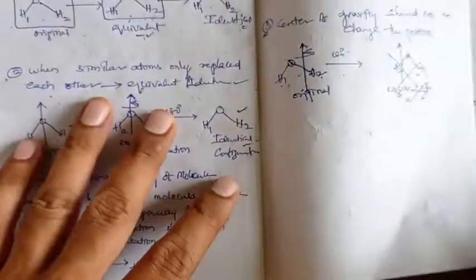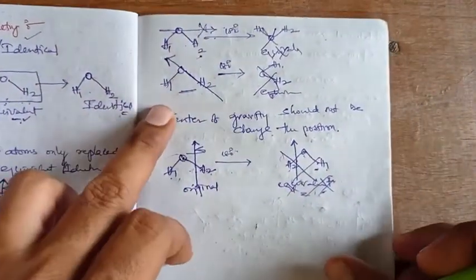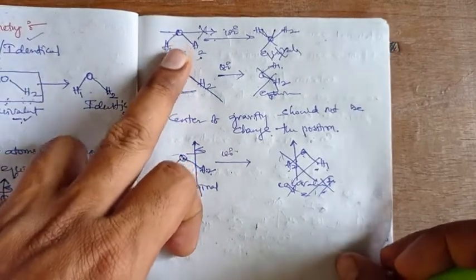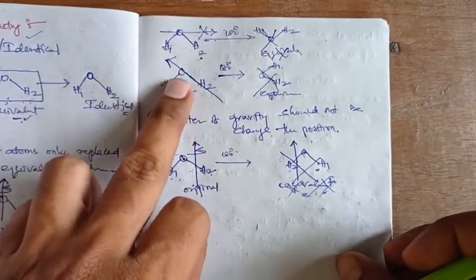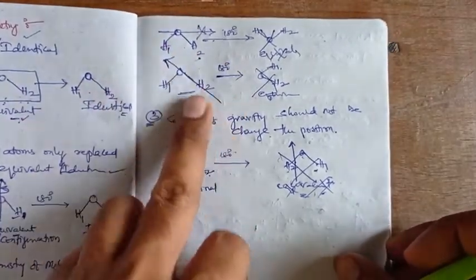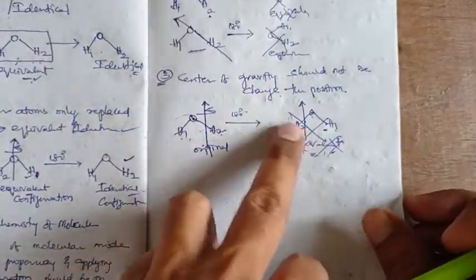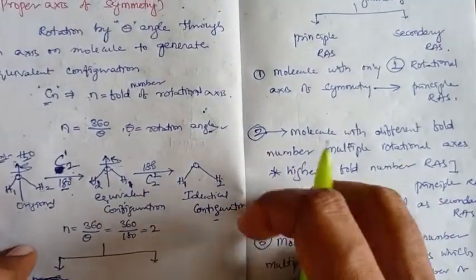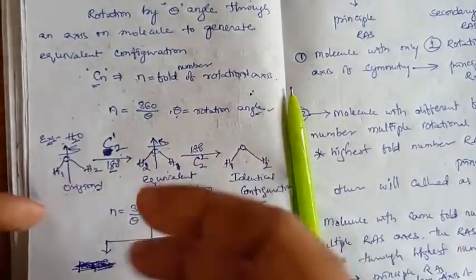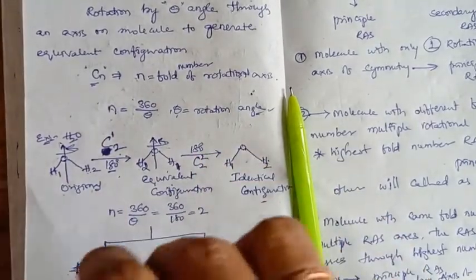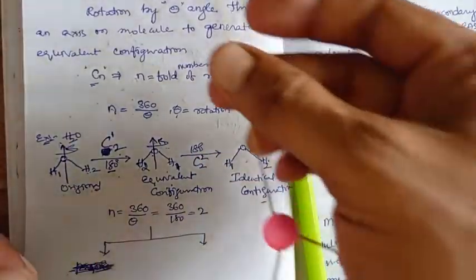Before the classes I explained this, right? Taking different orientations of an imaginary axis and doing a 180 degree rotation never generates an equivalent configuration, so that is why another rotational axis is never possible. Even if we consider a different angle, it is never possible, right?